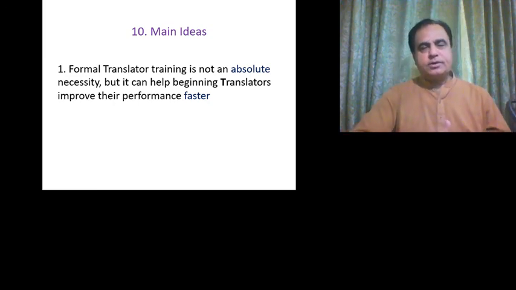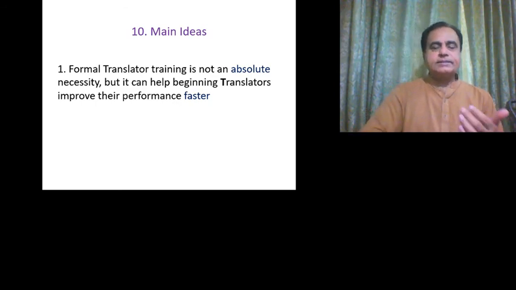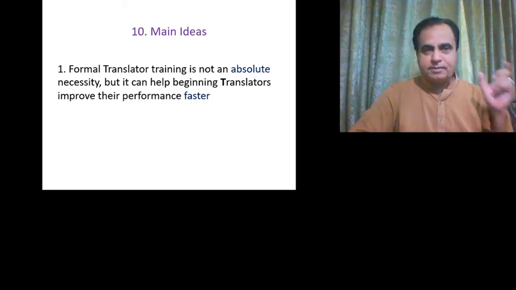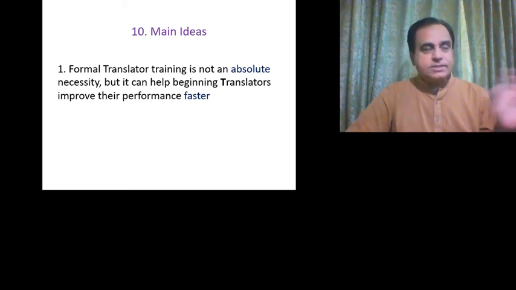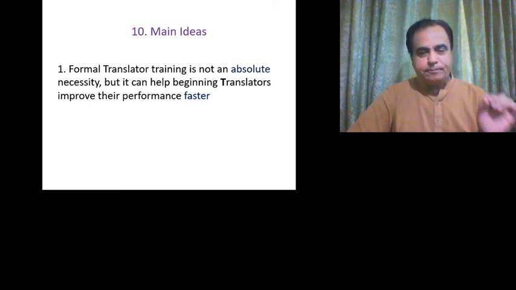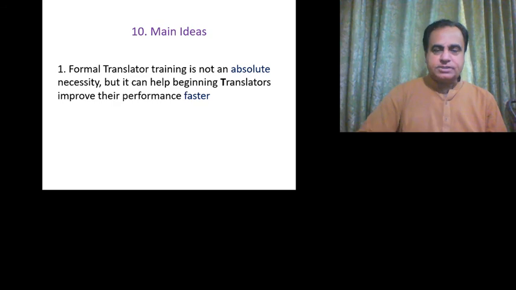So we have discussed in this chapter, formal translator training is not an absolute necessity. Remember this. In the research areas, when the analysis is done, the words are used with the utmost care. So not an absolute necessity, but it can help beginning translators improve their performance faster.